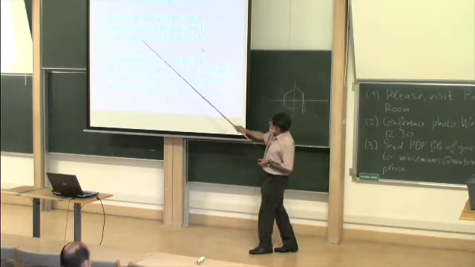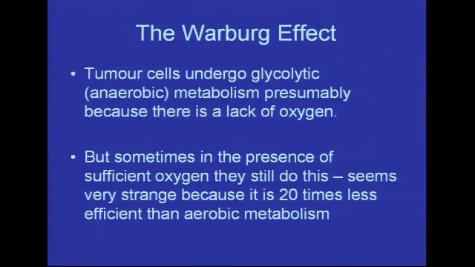Now, this one produces energy, ATP, about 20 times less efficiently than normal metabolism. And what's observed is that tumor cells, in many cases, undergo this even when there's enough oxygen available. So there's a question of why it is worth doing that.